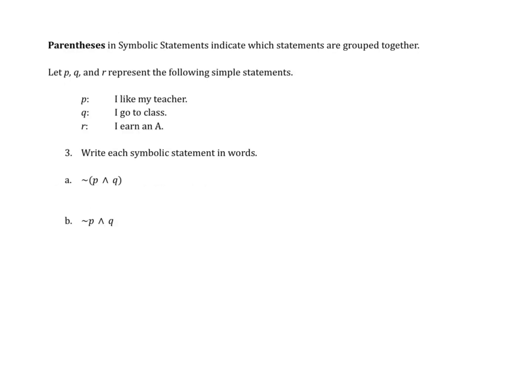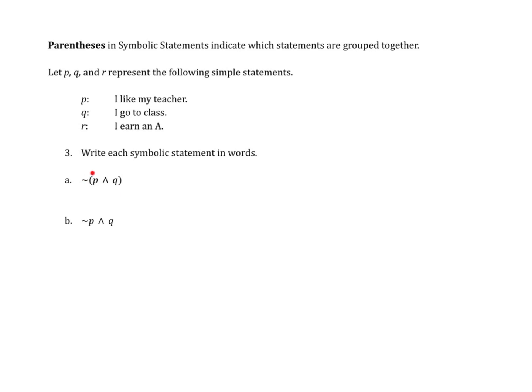Now we're going to add grouping symbols or parentheses to our symbolic statements, which indicate which statements are grouped together. If you ever have to negate a statement that's in parentheses, it negates the entire statement. And in this example right here, we have a negation in front of a set of parentheses.